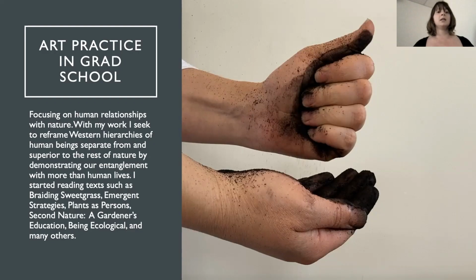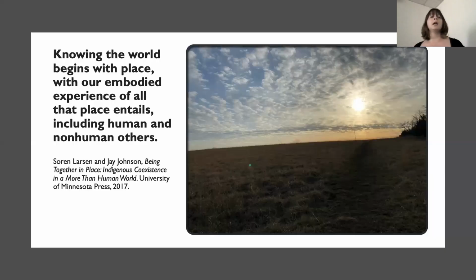And then I came across, just over a year ago, Soren Larson and Jay Johnson's Being Together in Place, Indigenous Coexistence in a More Than Human World. And I was really struck by this idea of coexistence. It was already something I was obviously talking about, but I hadn't quite placed that phrase onto it yet.